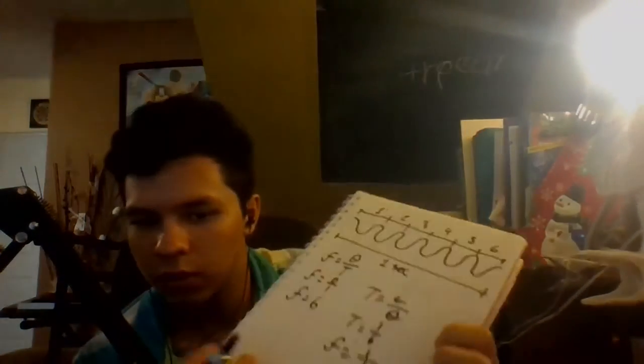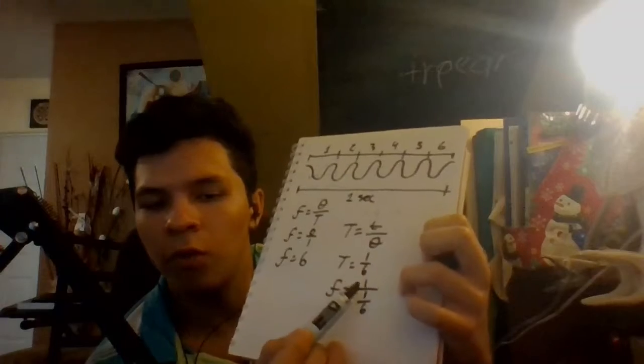And the frequency is equal to this oscillation over its period. Something like that: the oscillation over 1/6, that is its period.